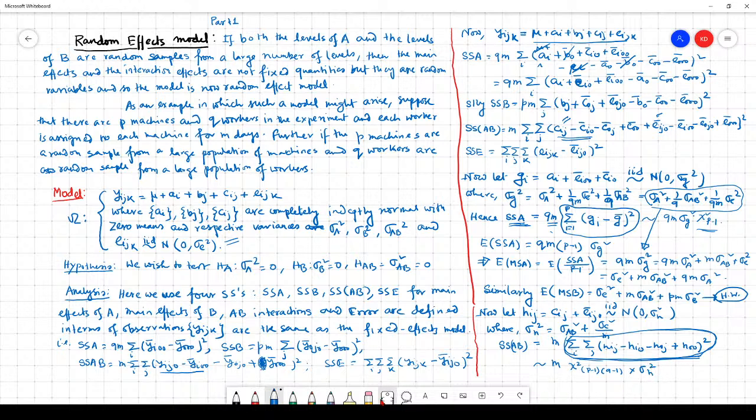So I write this as m times sigma H square chi square with p minus 1, q minus 1 degrees of freedom.